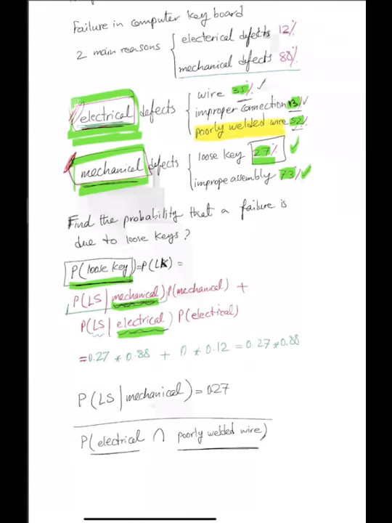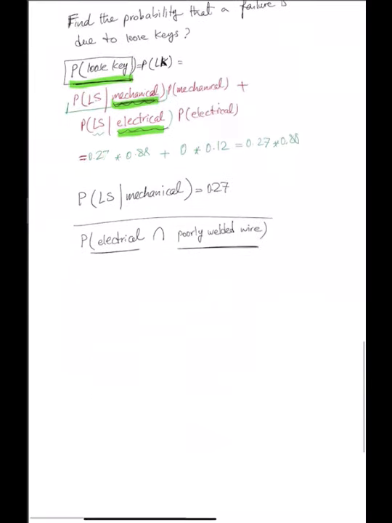Can I just simply say this is the probability of electrical multiplied by the probability of poorly welded wire? Can I write it like that? Which assumes I'm assuming these two are independent, so I just write it as multiplication.